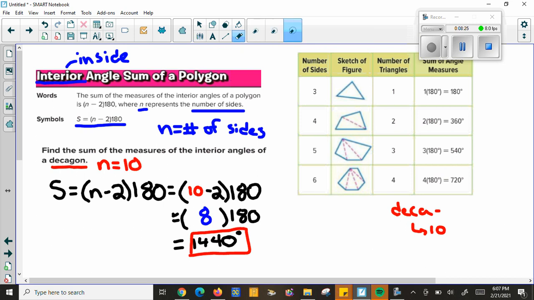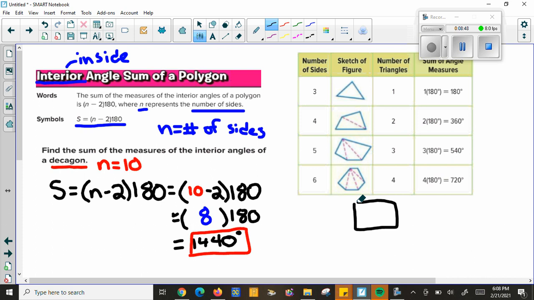Now, what that's telling us is that any polygon is made up of a combination of triangles, such as, like we know a square, if I cut it like this, it's 2 triangles.